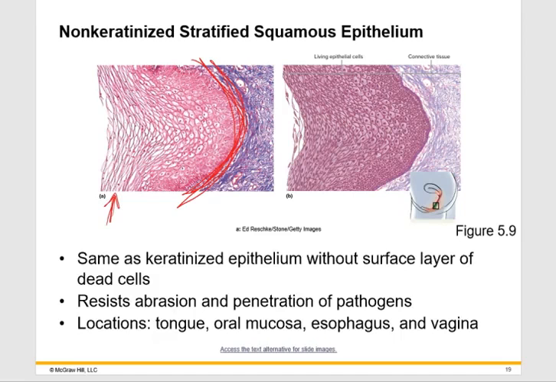We're still looking at stratified squamous epithelium, so we're resisting abrasion. It's just not going to have as much of the waterproofing ability because it does not have the keratin in there. We have stratified squamous epithelium on our tongue, inside of our mouth, inside of the esophagus, and inside of the vagina.